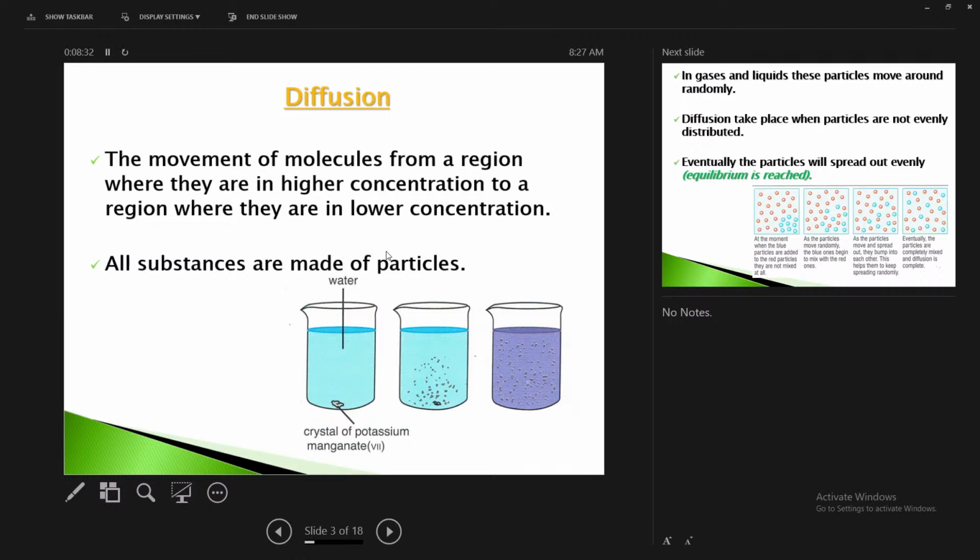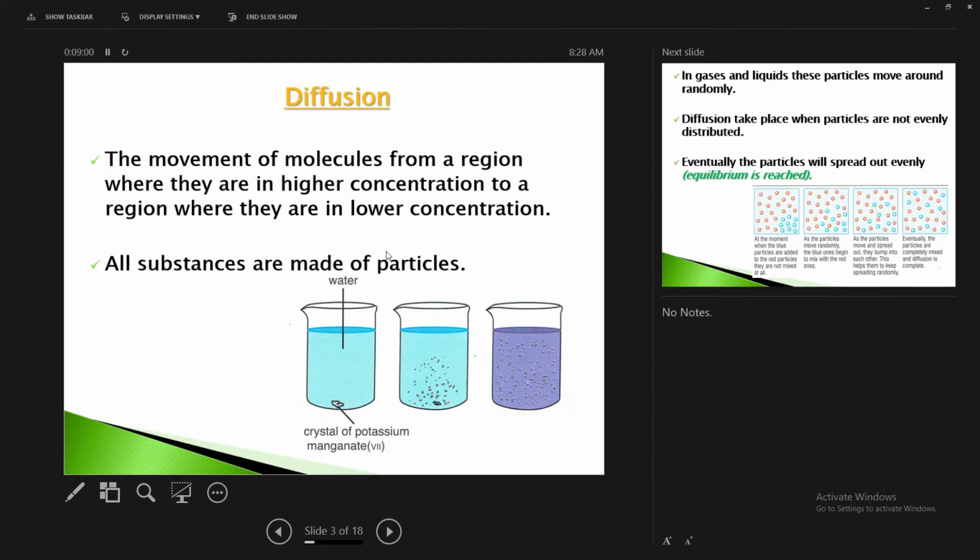Moving on, looking at diffusion first. Diffusion is the movement of molecules from a region where they are in higher concentration to a region where they are in lower concentration. On the slide you will see an image illustrating that diffusion is taking place.